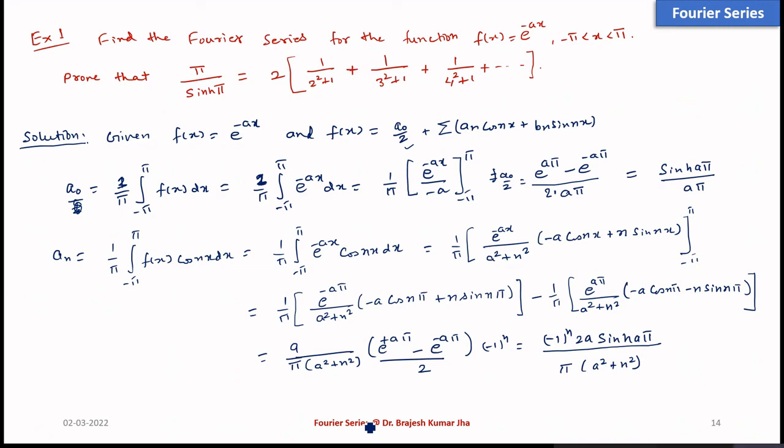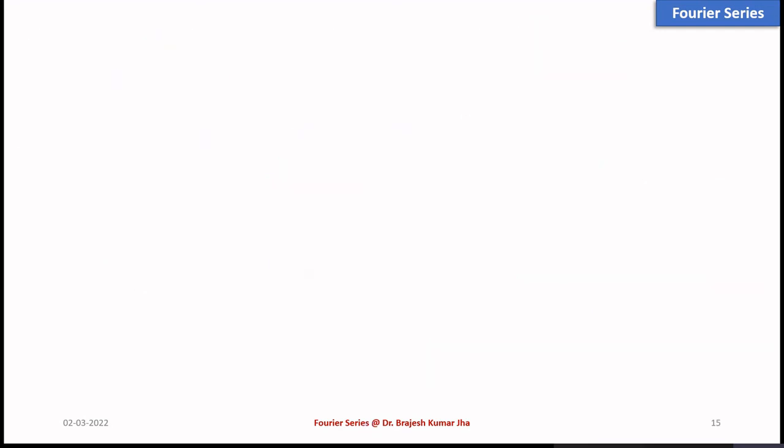So by having such value, we get the value of an. Now our next task is to get the value of bn. Now I could write directly, bn is equal to 1 upon pi, minus pi to plus pi, f(x) sine nx dx.